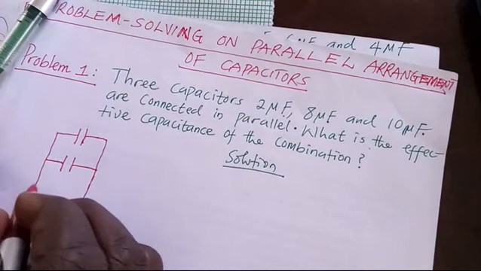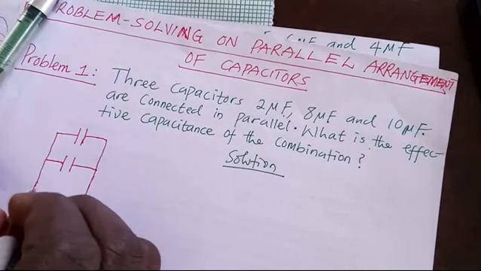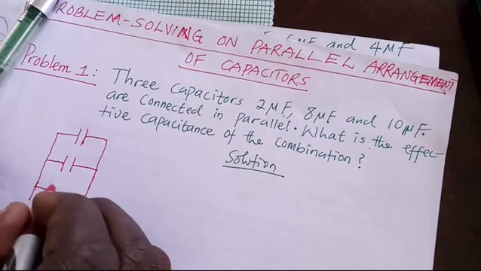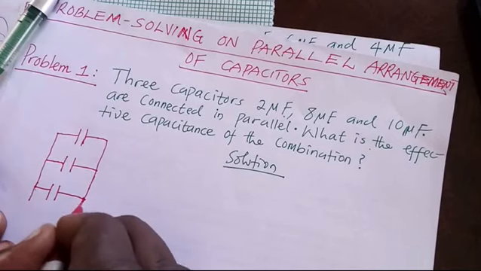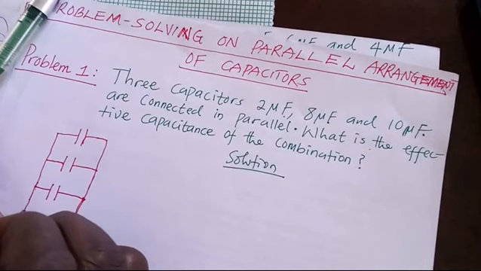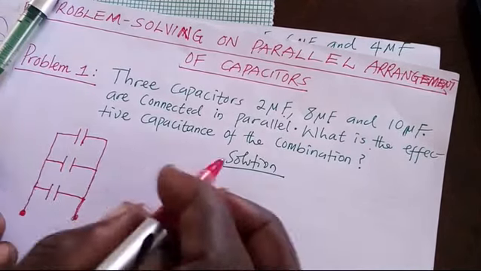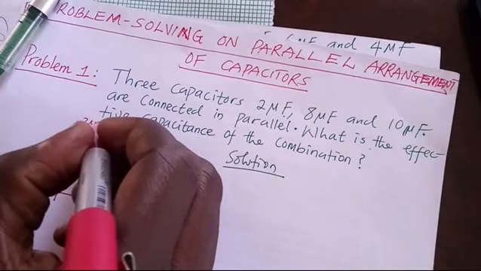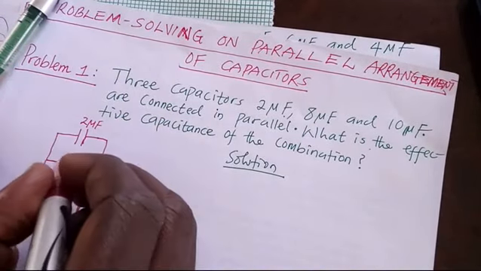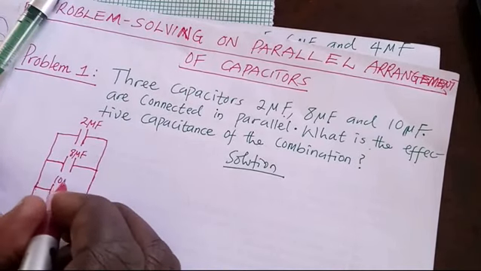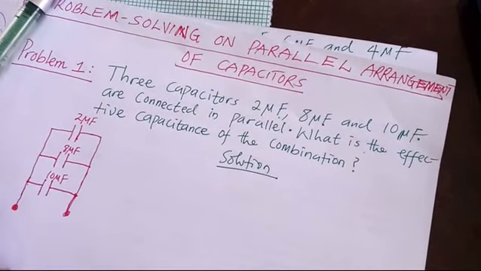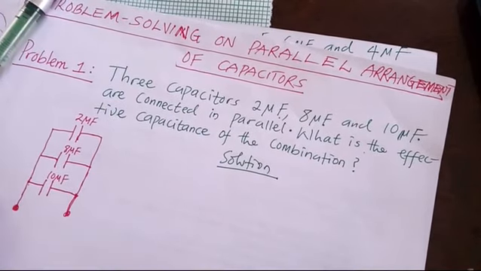Okay, this is the third capacitor. The first one is 2 microfarad, the second one 8 microfarad, and the third one 10 microfarad. Okay, this is a parallel arrangement of capacitors.